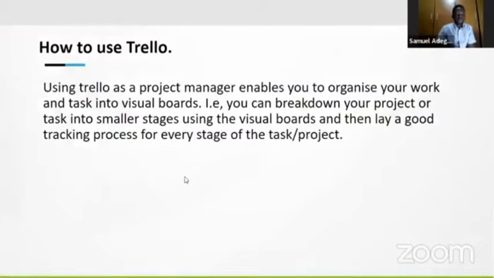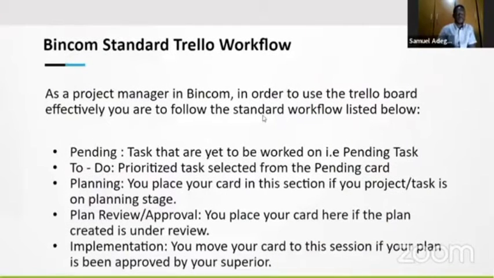How to use Trello. Using Trello allows you to organize your work and tasks into visual boards. You can break down your projects or tasks into smaller stages using the visual boards, and you can ensure your visual board is very understandable for anyone who picks up the project.